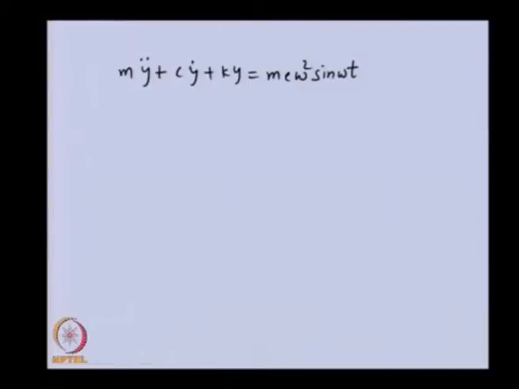So for this particular case the response can be assumed as sin omega t, but this time we need to consider some phase, because damping is there in the system. Earlier this phase was not there, because there was no damping in the system. When we apply some force, the response will lag behind the force by this phase angle.